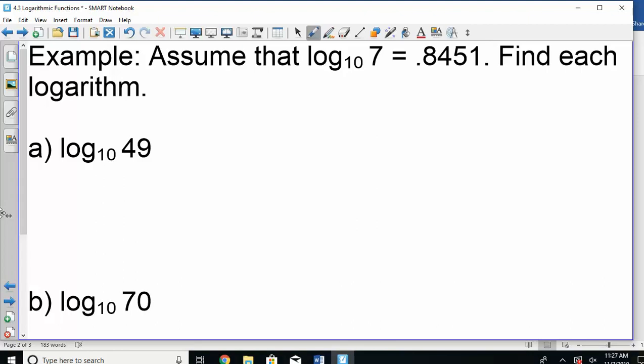Since I only gave you log base 10 of 7, I have to figure out how to rewrite this using the 7. So how would I write that? 7 squared. And then we know properties of logs. The exponent would come down in front, so it's 2 times the log base 10 of 7.